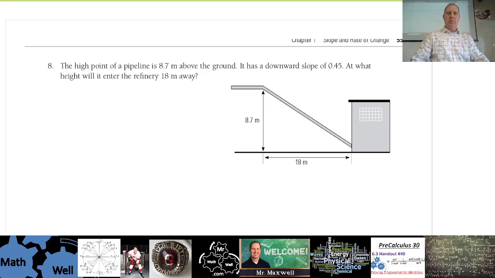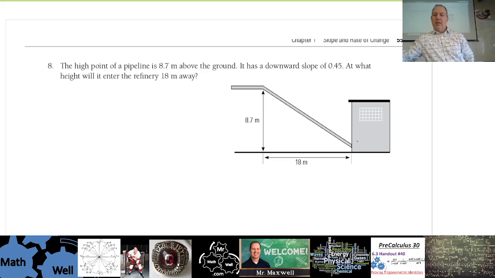The high point of a pipeline is 8.7 meters above the ground. Here's the pipe. Here's 8.7 meters. It has a downward slope of 0.45. At what height will it enter the refinery 18 meters away? Oh, this is a great question.